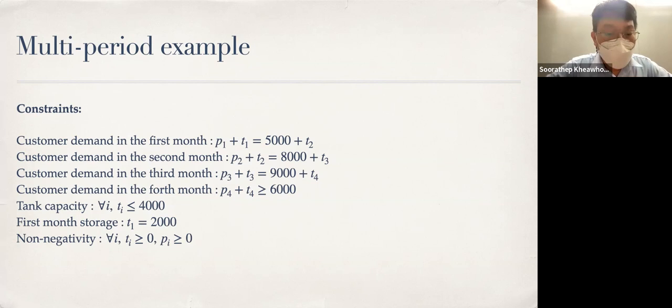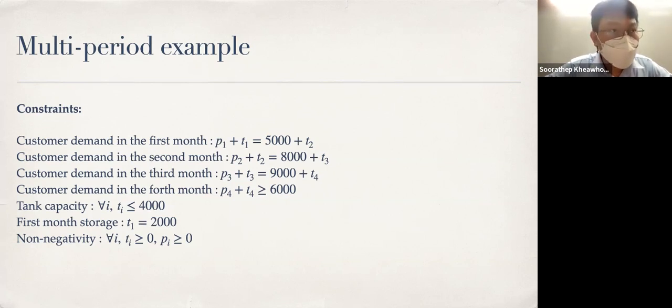So for the tank capacity, we know that the maximum capacity is 4,000. So each Ti must be less than or equal to 4,000. Whatever is greater than this will exceed the capacity of the tank; we cannot keep it.